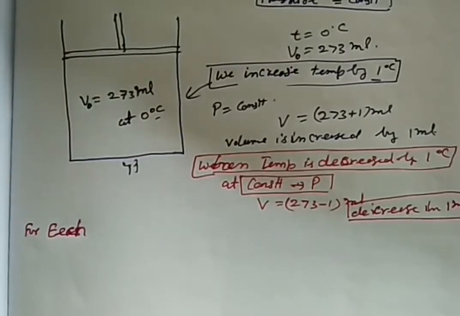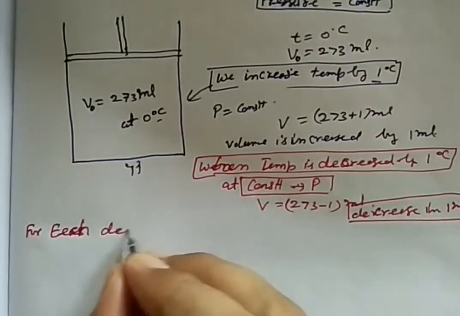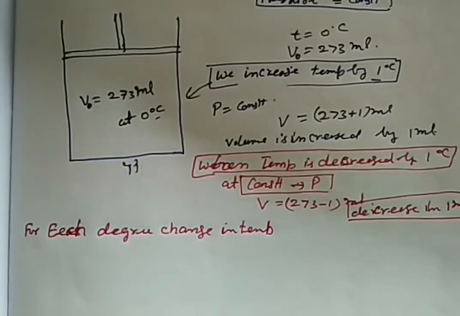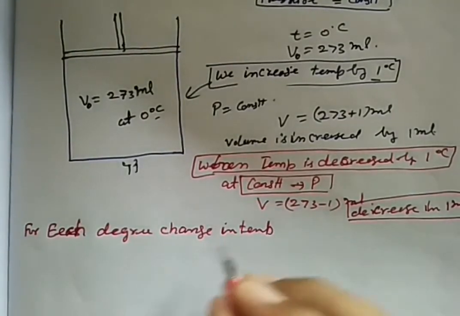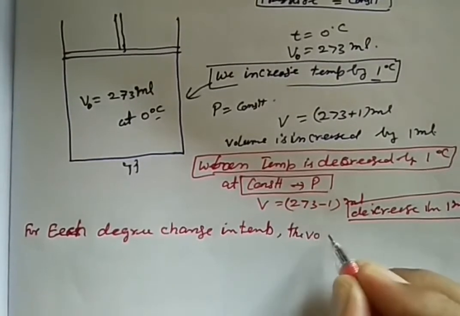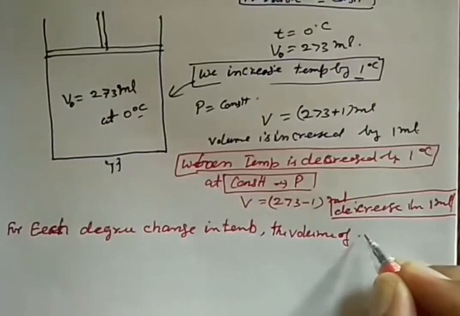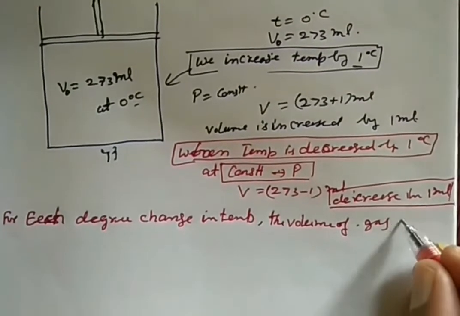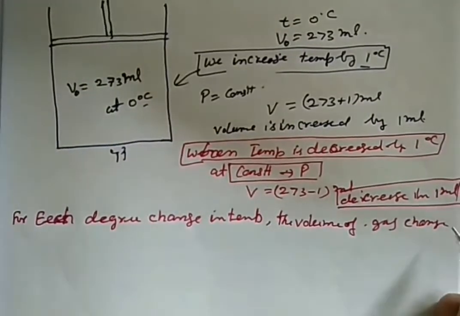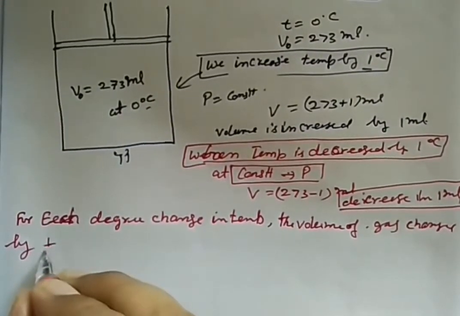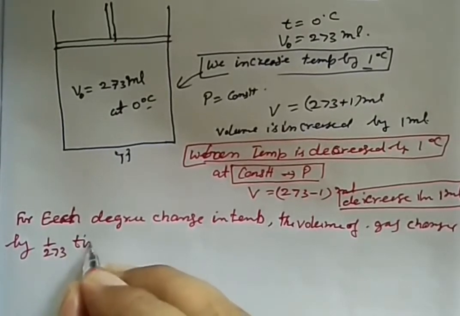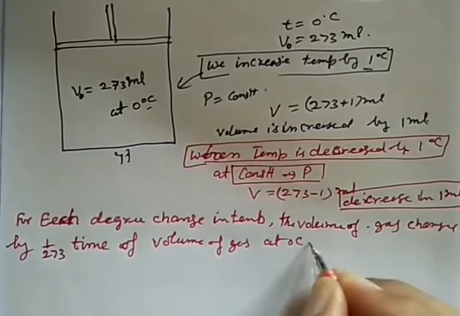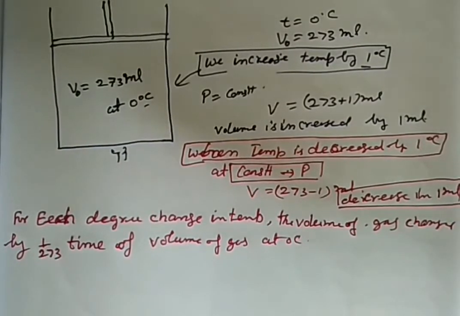So we can say that for each degree change in temperature, the volume of gas changes by 1 by 273 times the volume of gas at 0 Celsius, right?